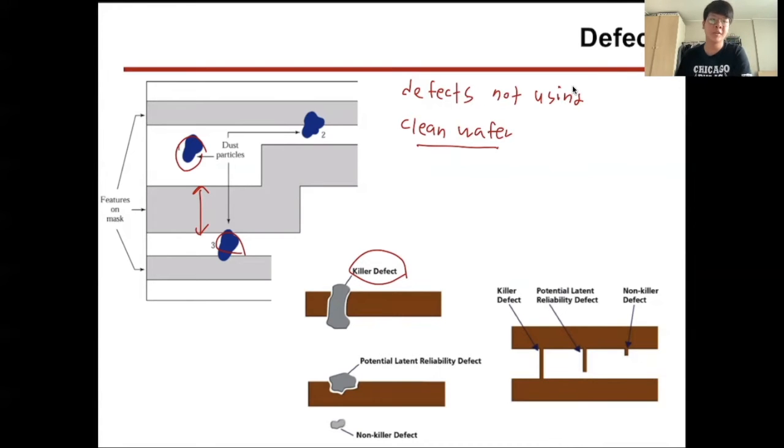The killer defect blocks the metal wires or lines, and it can also short two lines.